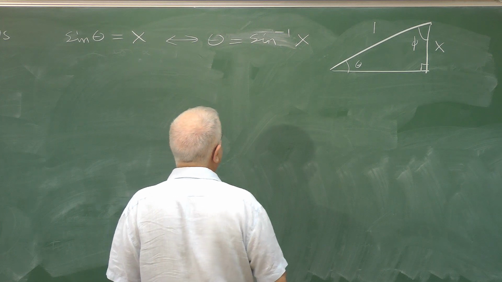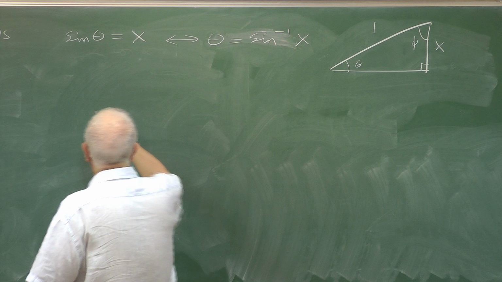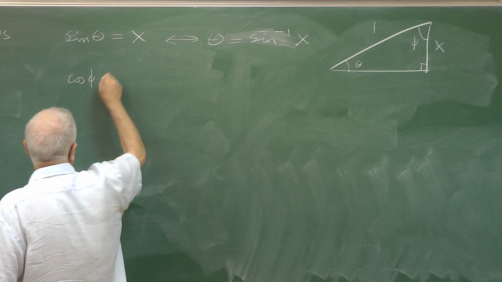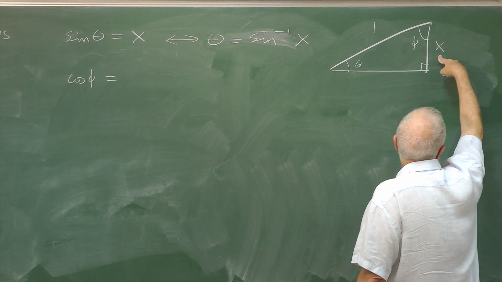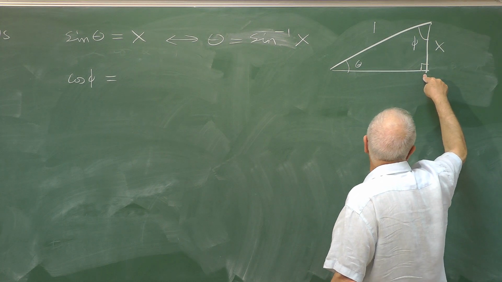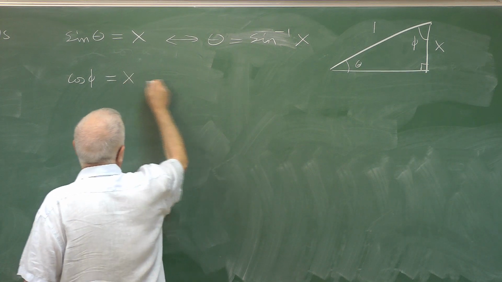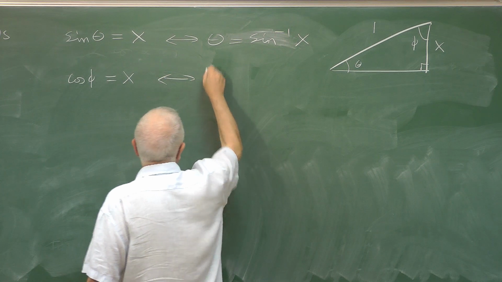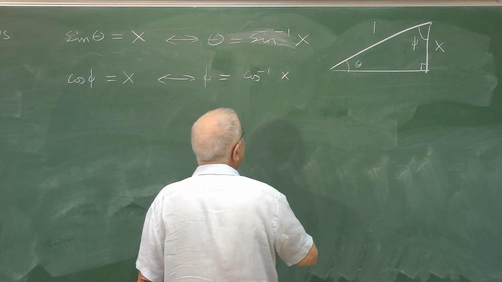Now, theta is arc sine x. But what is cosine phi? Cos phi is also x, the neighboring side divided by hypotenuse. So this tells me that phi equals to arc cos x.